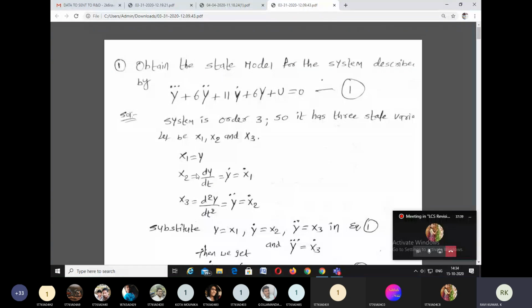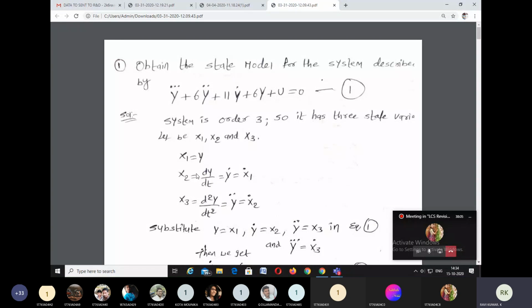Like this, we are assuming the state dependencies. You know the position, velocity and acceleration: if you take the derivative of position you get velocity, and the derivative of velocity is acceleration, so one depends upon another. That's why x2 is equal to x1 dot, and acceleration is the derivative of the velocity.